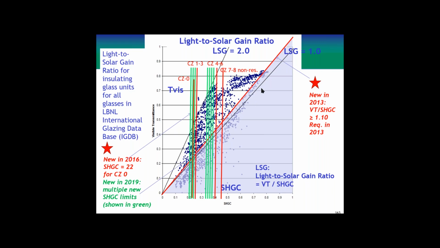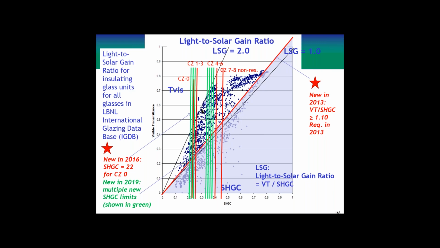Now, this red line was added in 2013, and it is a requirement that the visual transmittance divided by solar heat gain coefficient is less than 1.1. And so everything that is right of this line is not allowed.